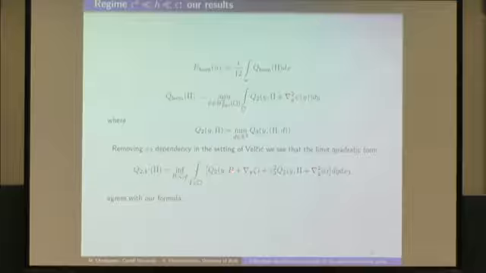So if you take b and zeta equal to 0, then it just disappears. So we end up with our formula.